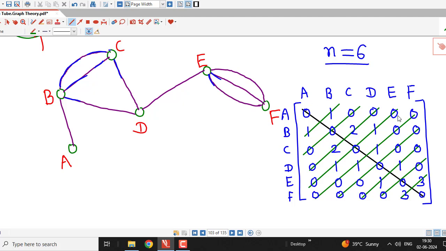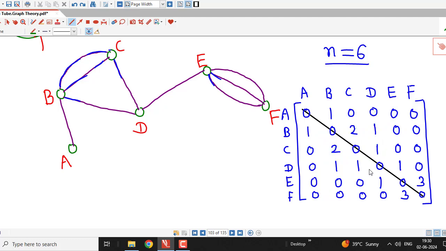You don't have to show all these things, this is just for understanding, and we can remove this. After writing the adjacency matrix, you can check whether it is symmetric or not.